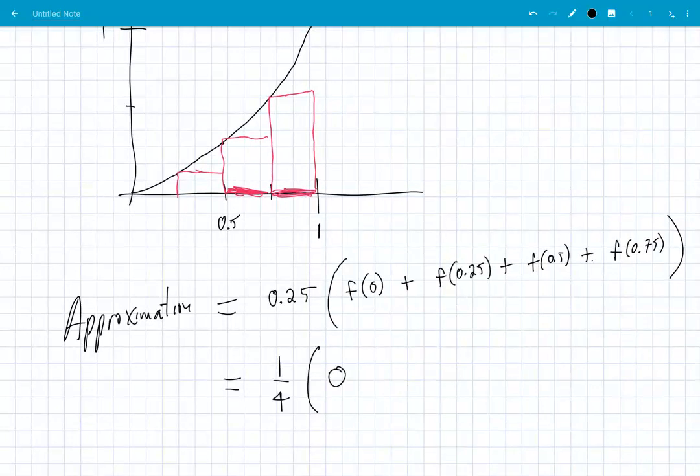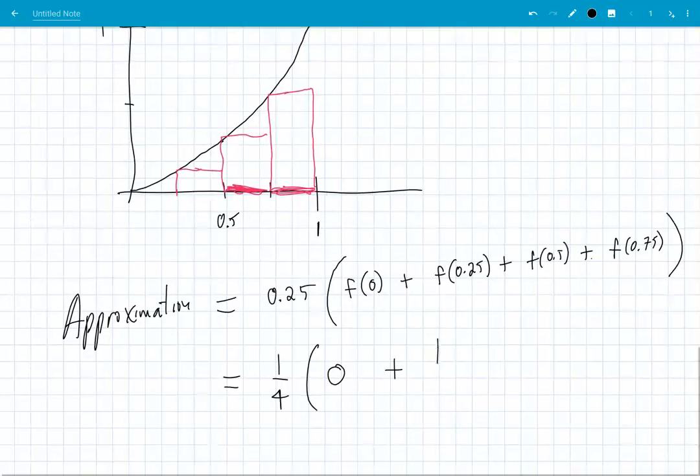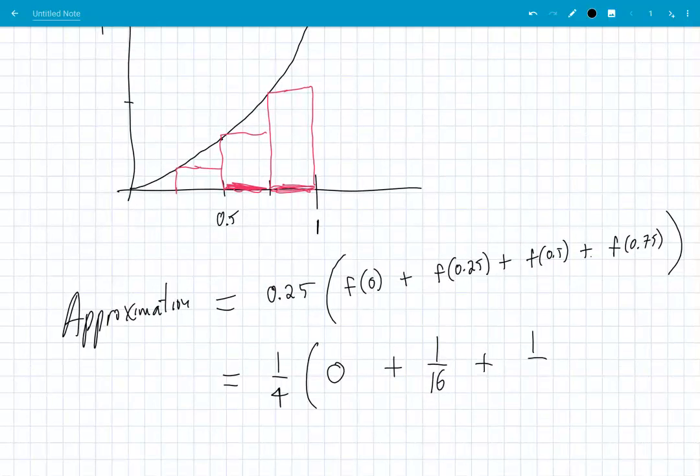Then f of 0 is just 0, right? Remember, f is my squaring function, so when I square a quarter, I get 1 over 16. I apologize for switching back and forth from decimal to fraction so much. What did I say here? 9 over 16. Yeah.